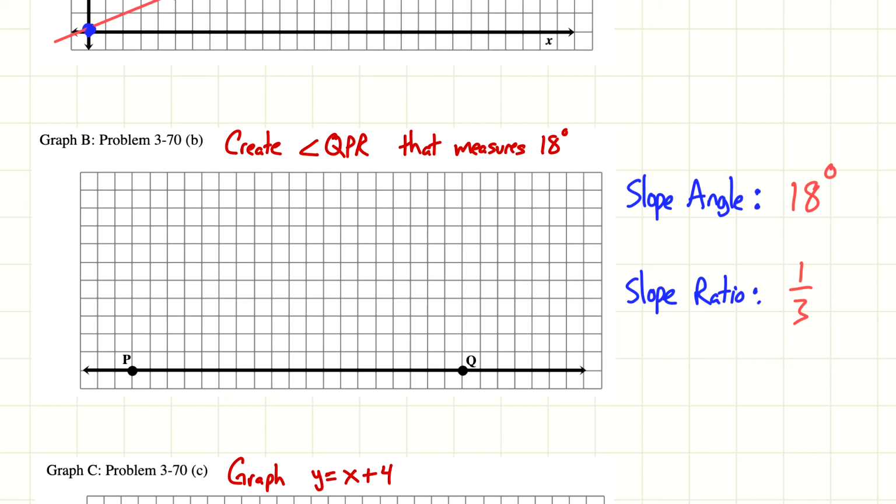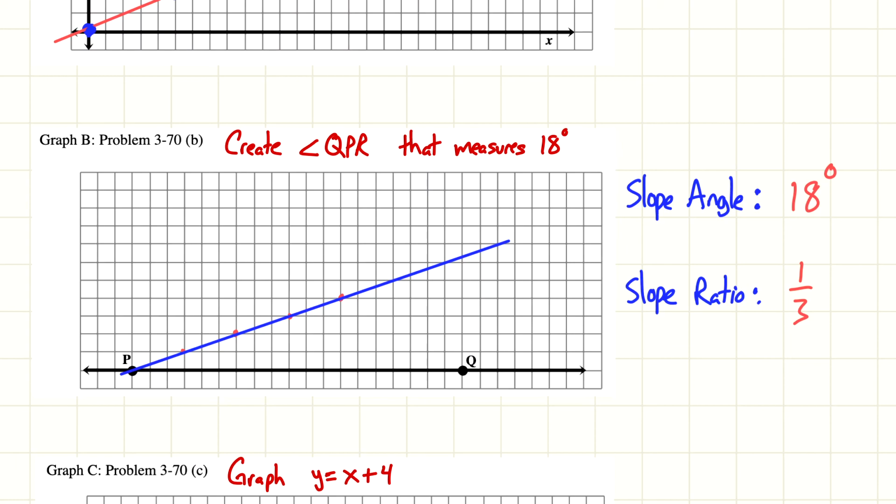So I'm going to go up 1/3. All right, so up 1/3.